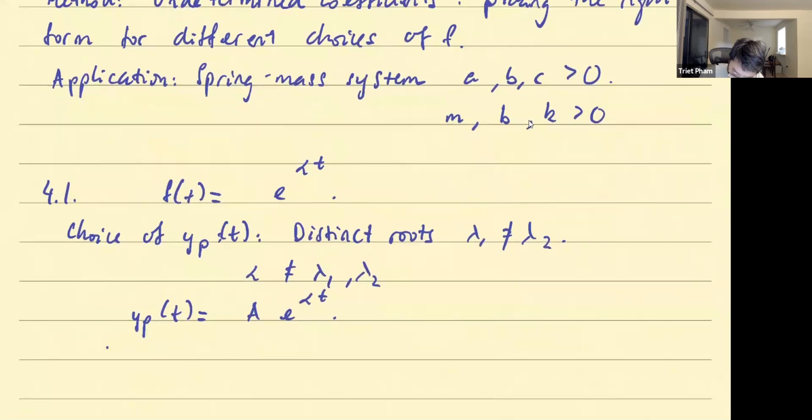If somehow alpha is one of these roots, then the choice will be a constant times t e to alpha t.